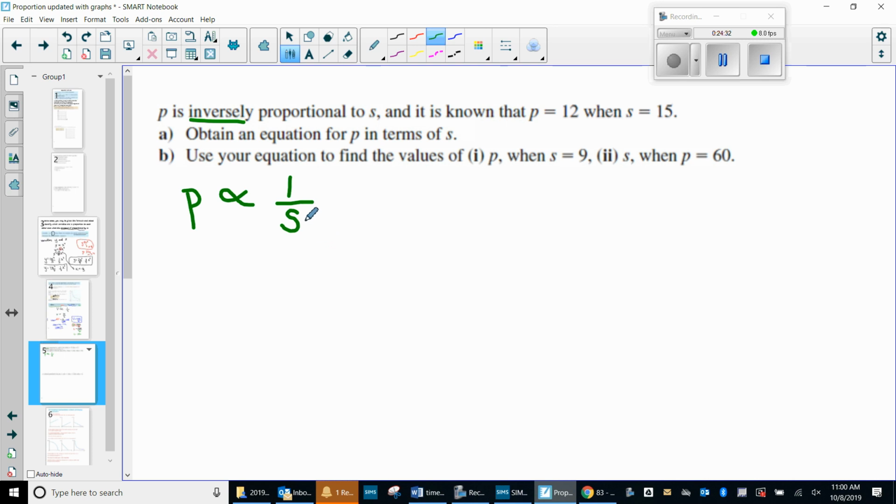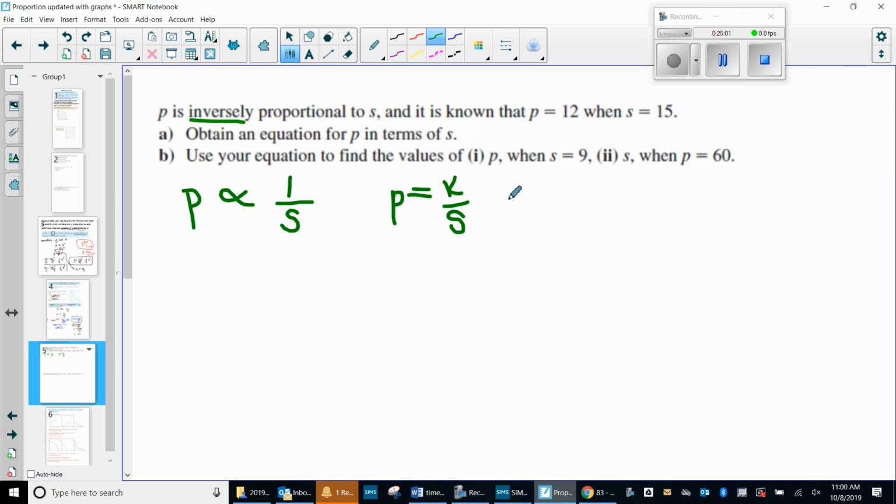Try and make it look like an S and not a 5. Then what's our next step, Amy? P equals K over S. Beautiful work, people. So P equals K over S.